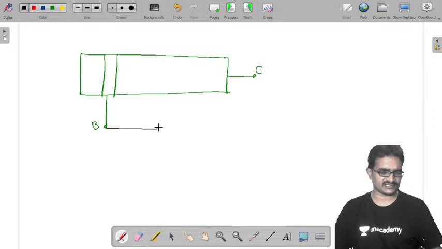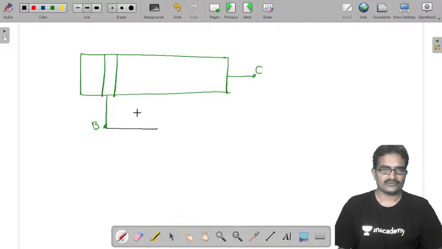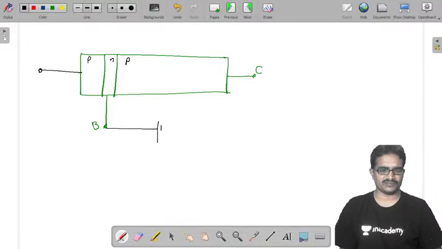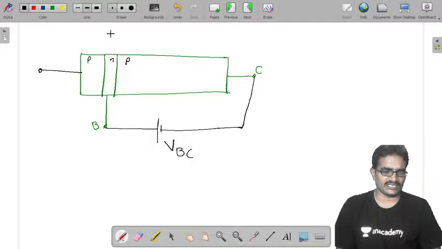So it is a PNP transistor, positive, negative. This is the VBC. Now the result is current is flowing from this side. Ic naught is flowing this side.